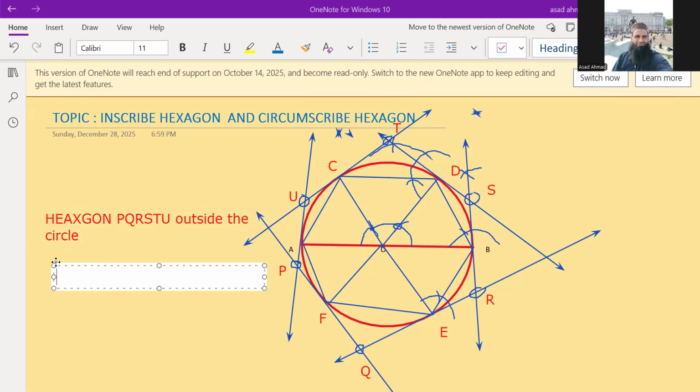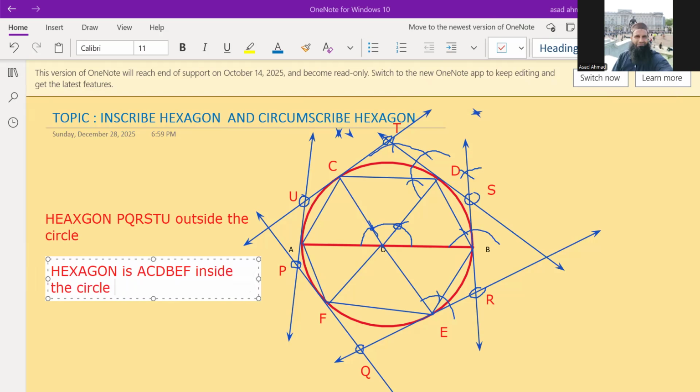And the one hexagon that was labeled inside was A, C, D, B, E, and F. So this was a hexagon inside the circle.